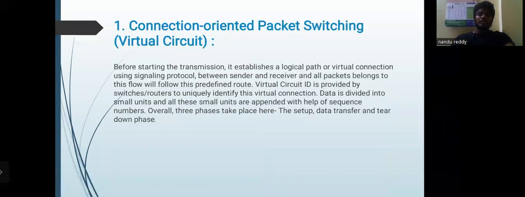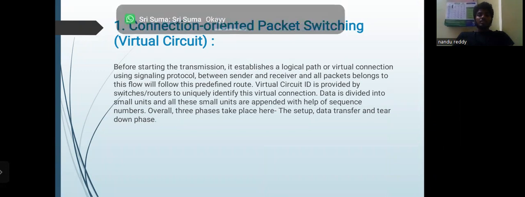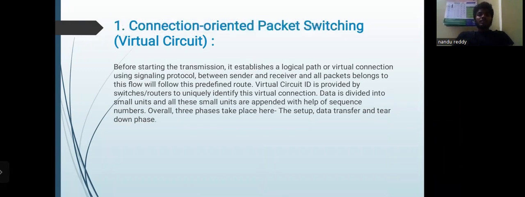Let's discuss connection-oriented packet switching, the virtual circuit. Before starting the transmission, a logical path or virtual connection is established using a signaling protocol between sender and receiver, and all packets belonging to this flow follow this route. A virtual circuit ID is provided by switches or routers to uniquely identify this virtual connection.